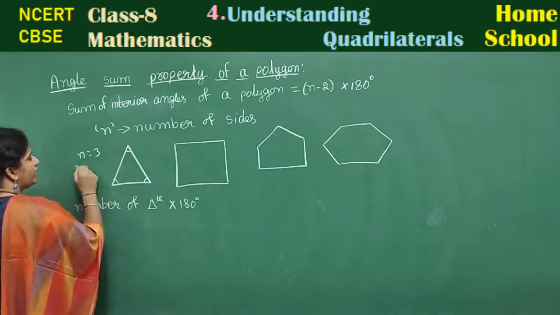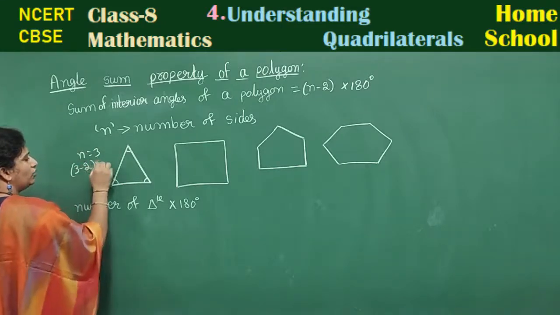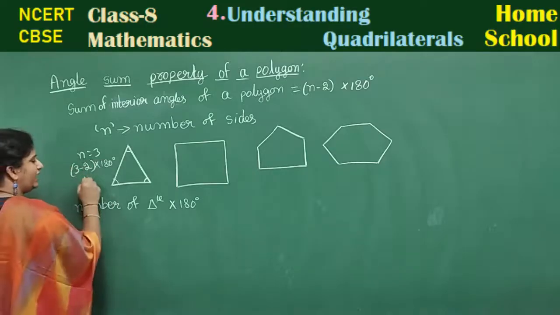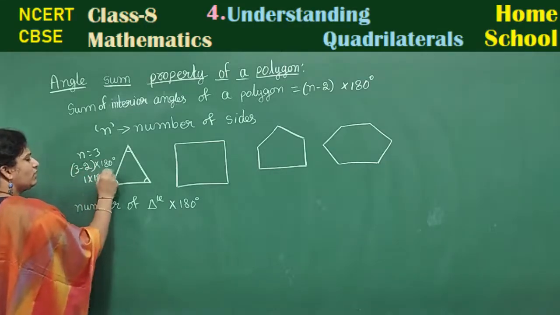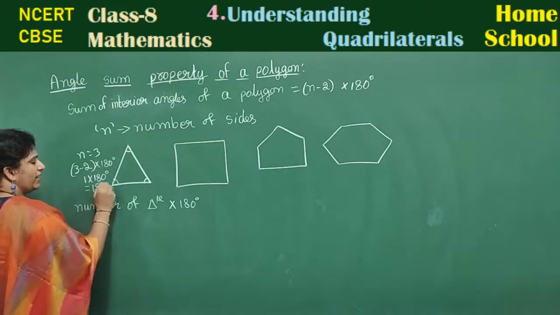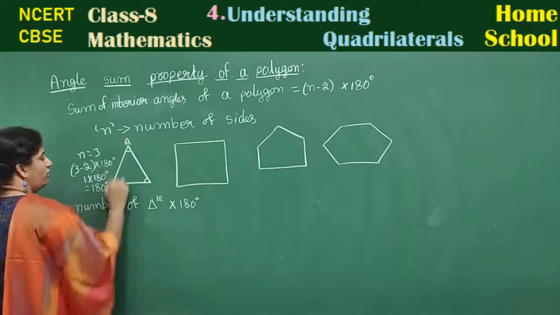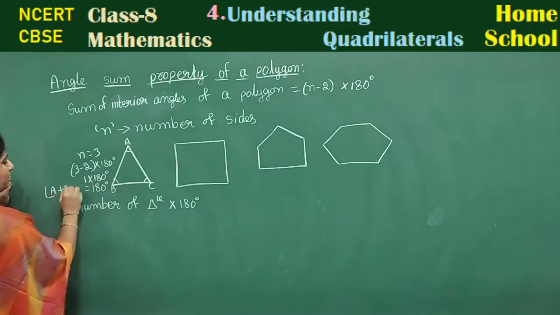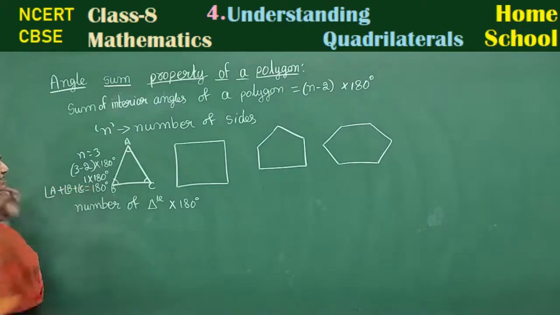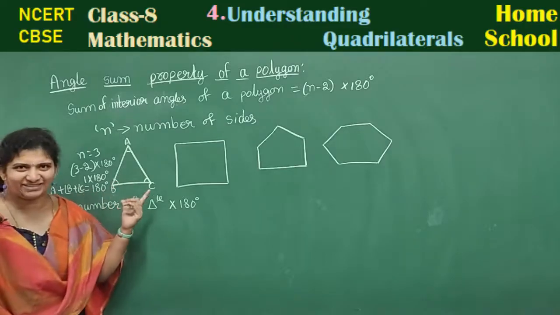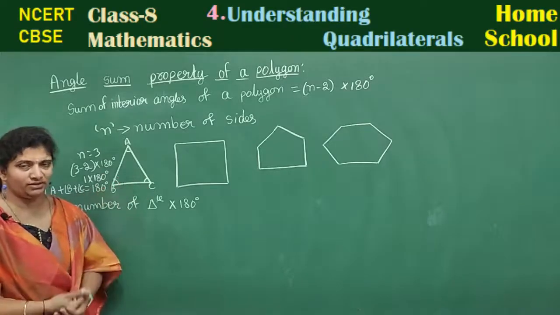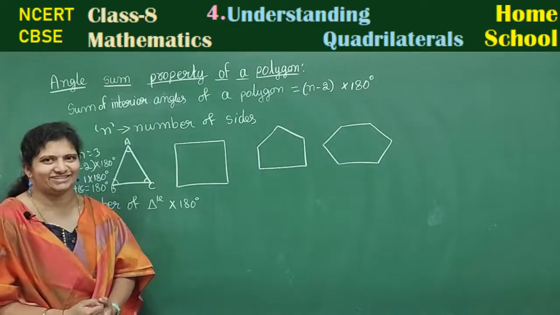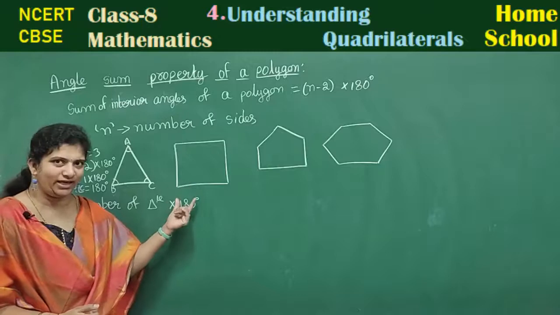Formula: (3 minus 2) into 180 degrees. 3 minus 2 is 1. 1 into 180 degrees is equal to 180 degrees. Therefore, I write it here: angle A plus angle B plus angle C is equal to how much? 180 degrees. You can remember the sum of the interior angles of a triangle is equal to 180 degrees. Let's see the next polygon.